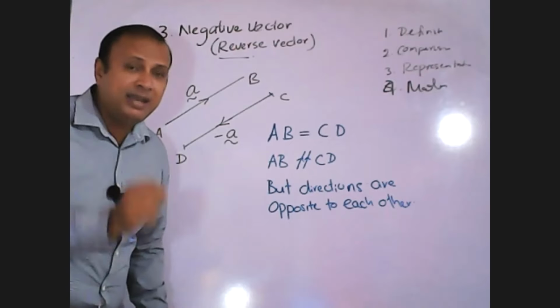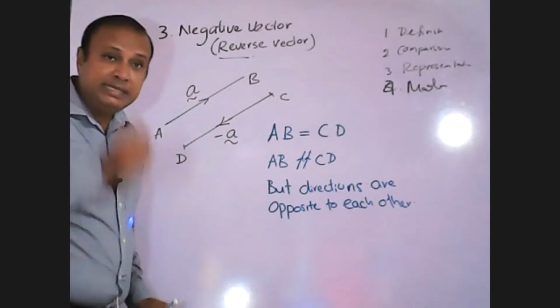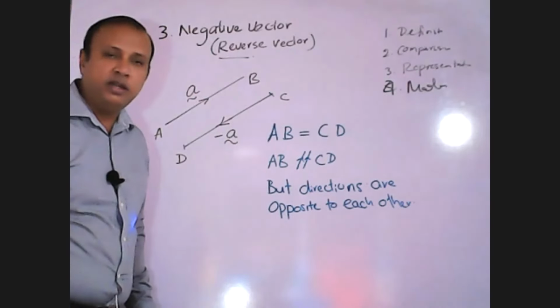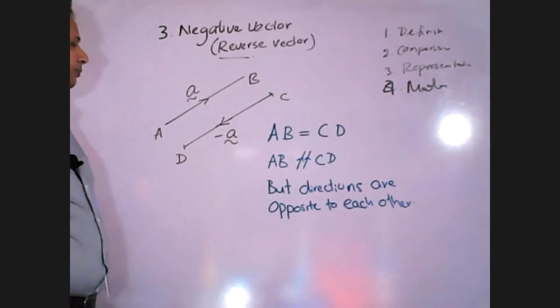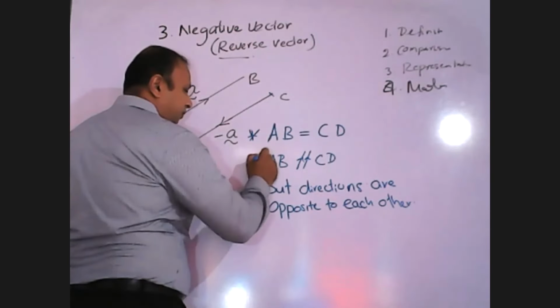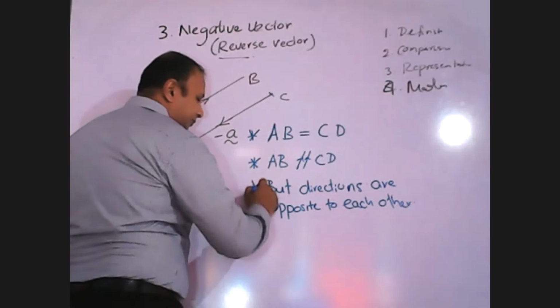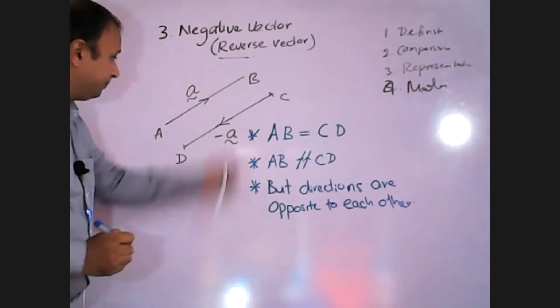So the only difference between the vector and the negative vector is the arrowhead direction, which is opposite. Those are the features of the negative vector. You can write this one.